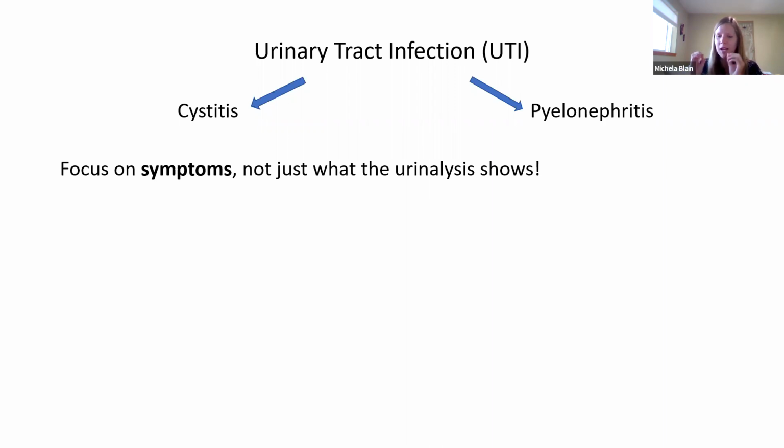I'm not looking to find the perfect combination on the UA to diagnose someone with a UTI. I'm really just hearing their history, talking about their symptoms, asking history questions that rule out other things, and trying to figure out whether they are having systemic symptoms at the same time. So don't be overly dependent on the UA, and definitely don't treat a UA in someone who's not having symptoms.